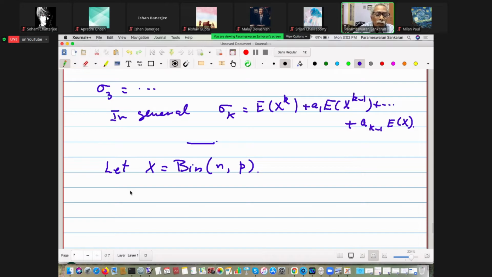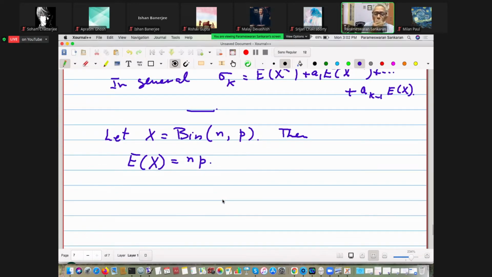And you all know what the expectation of x is, right? This is something that you can directly work out using some identities involving binomial coefficients. There's a different proof given in the book. Maybe I'll give a different proof. This is also an interesting application.